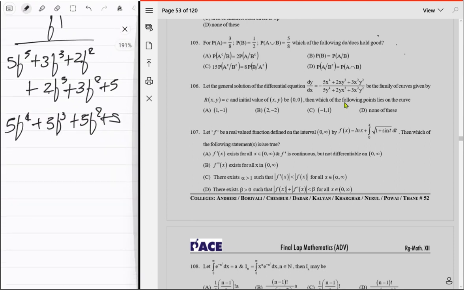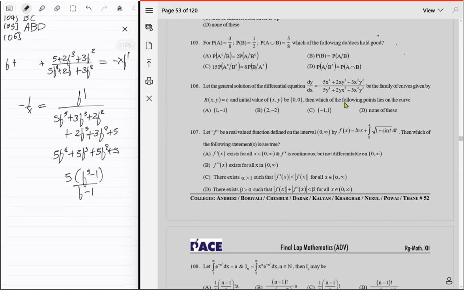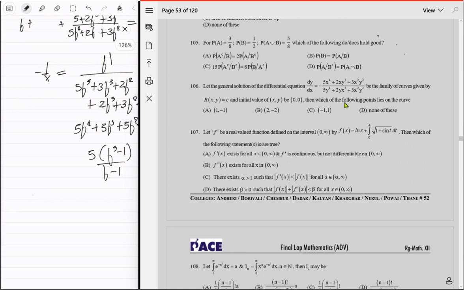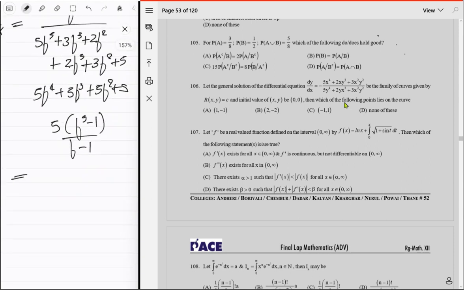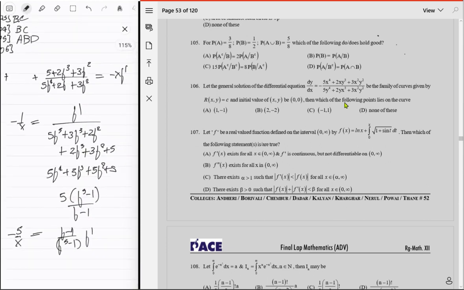Somehow this is working: f to the power 5 minus 1 upon f minus 1, right? Negative 1 upon x is equal to, send the 5 there, negative 5 upon x. This is equal to what? f minus 1 upon f to the power 5 minus 1 times f dash, right? Is that correct or not?